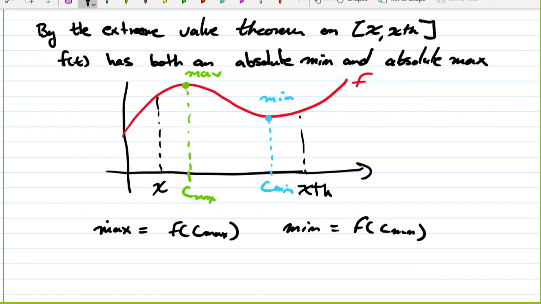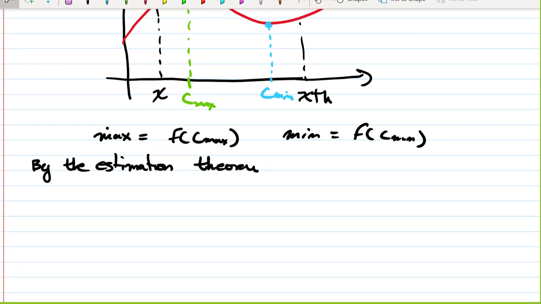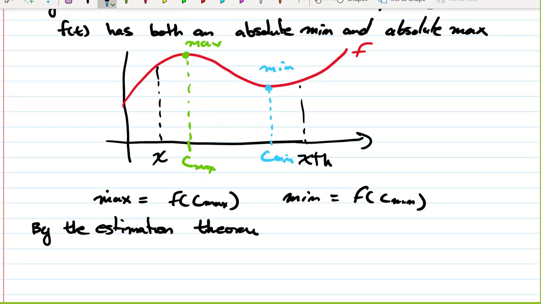So then, by the estimation theorem that we did last time, we know the area would have to be bigger than this.